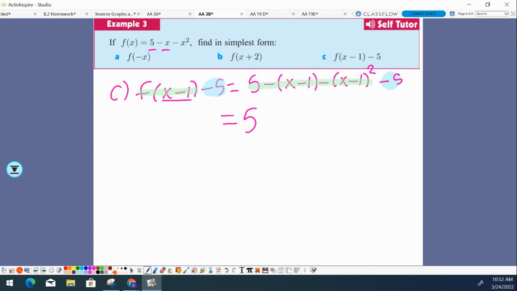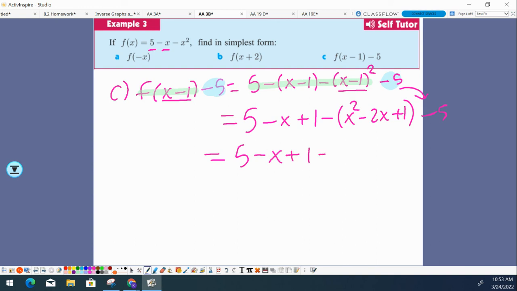Bring down the 5, distribute the negative, minus, I need to square the binomial, then bring down minus 5 at the end, distribute the negative, and combine like terms.